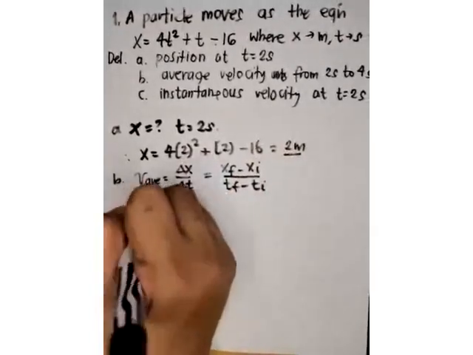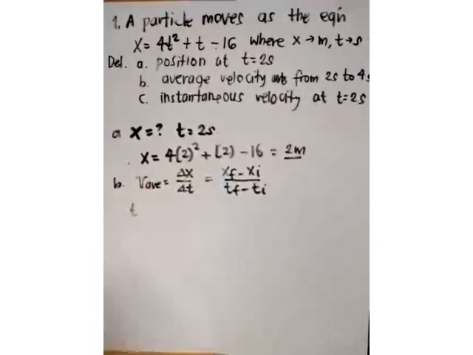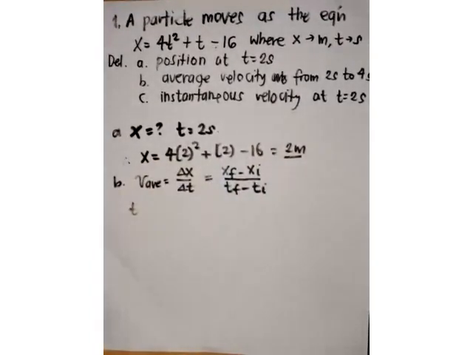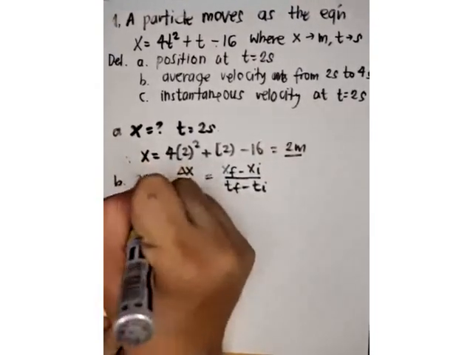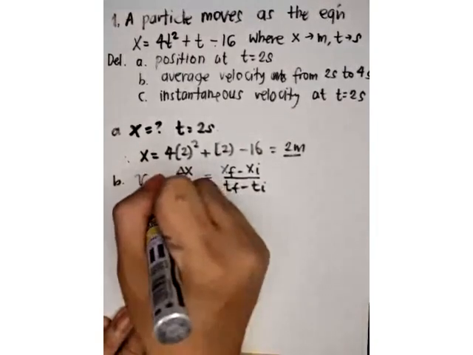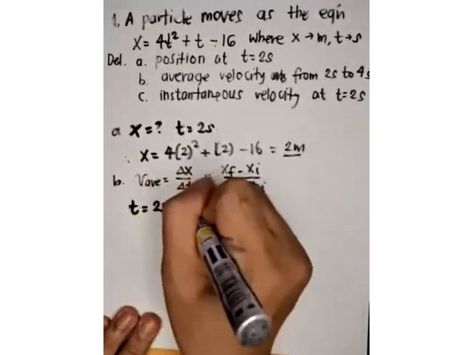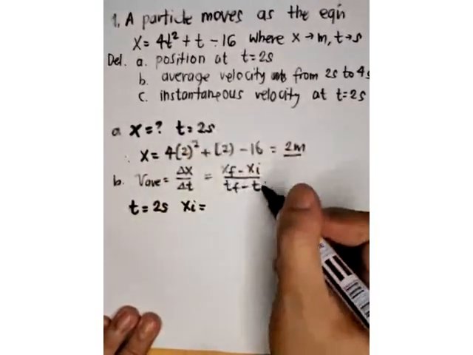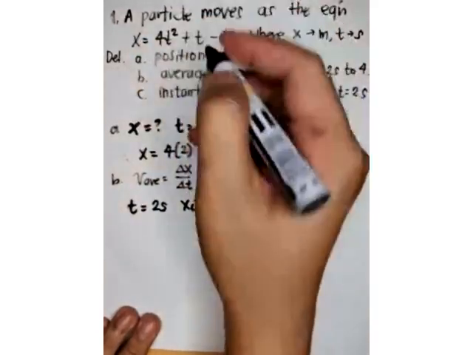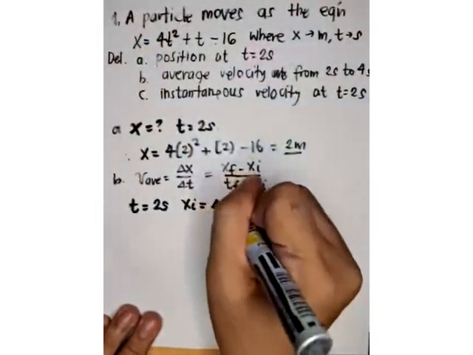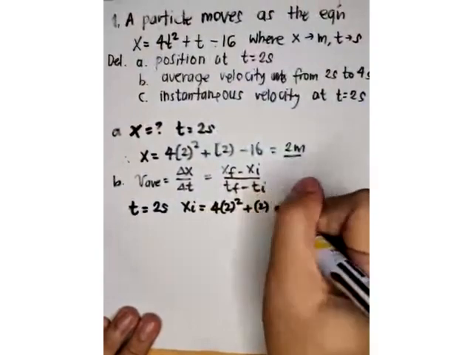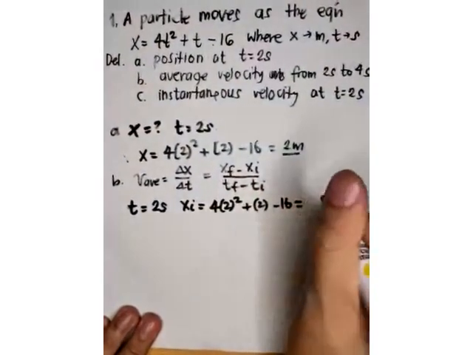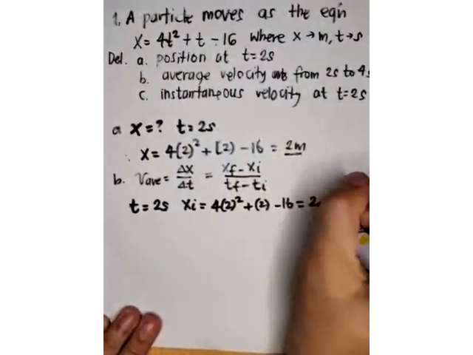Okay, so ganito yon. So if at T is equal to 2 seconds, X initial is equal to, we substitute the given time dito sa ating equation. So we'll have 4 times 2 squared plus 2 minus 16. So that's equal to, kamukha lang pala nung una, 2 meters.